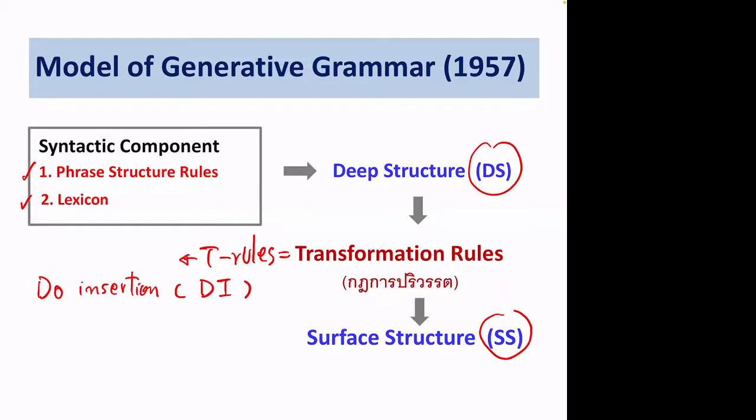Then there will be auxiliary inversion, or AI as abbreviation. And the last one is going to be WH fronting, or WF for the abbreviation. So let's get started.